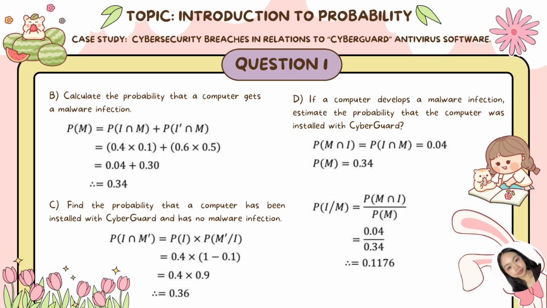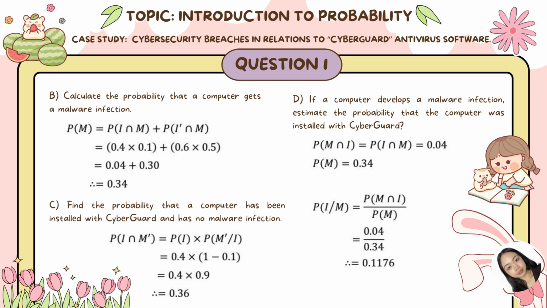Substitute all the information: in brackets 0.4 times 0.1, plus in brackets 0.6 times 0.5, equals 0.04 plus 0.3, and the answer will be 0.34.